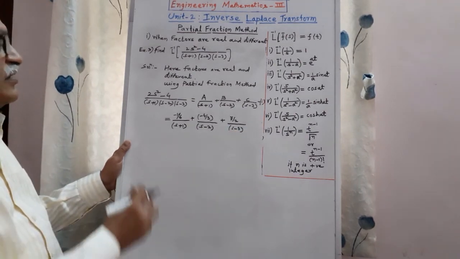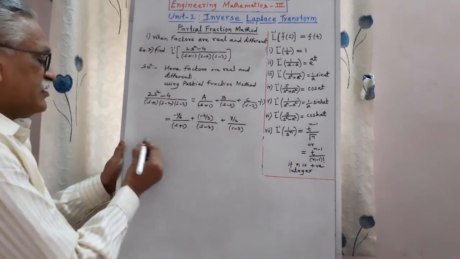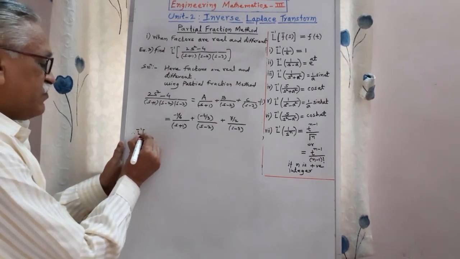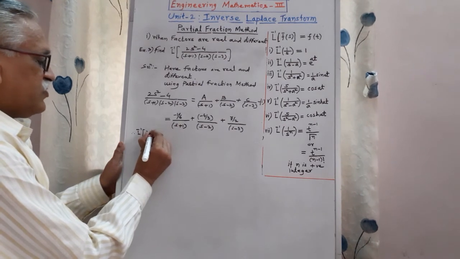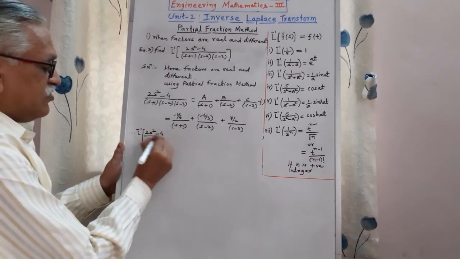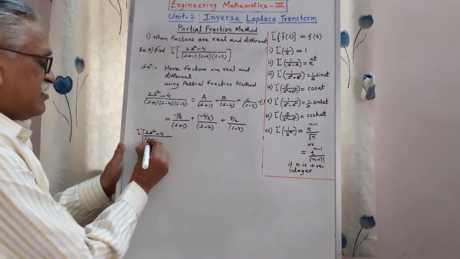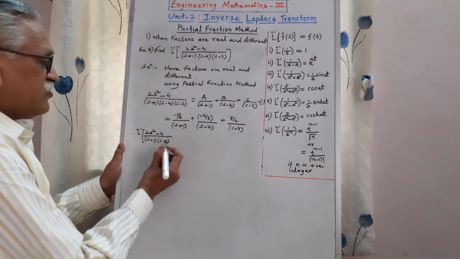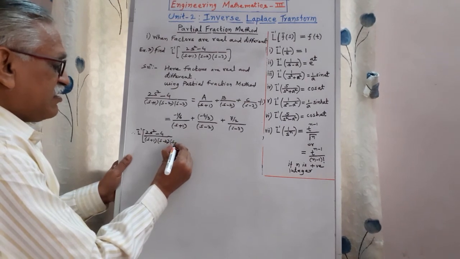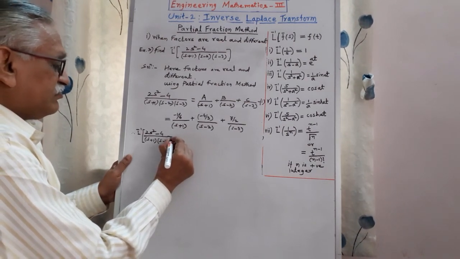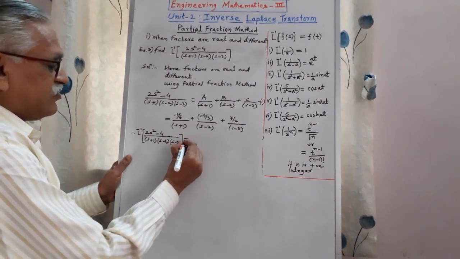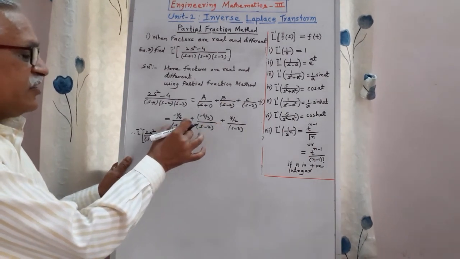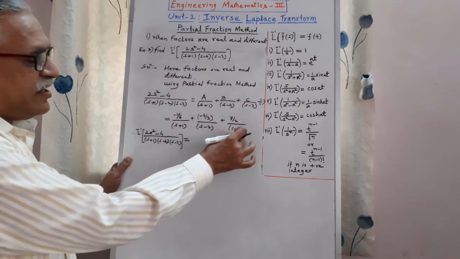Okay, and then taking inverse on both sides, the inverse Laplace of 2s square minus 4 divided by (s plus 1)(s minus 2)(s minus 3) is equal to the inverse of this right hand side, taking individual inverses of the first, second and third.